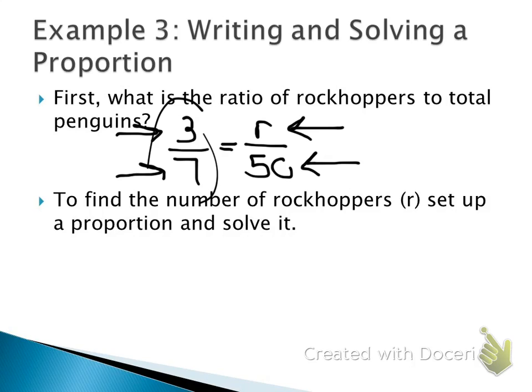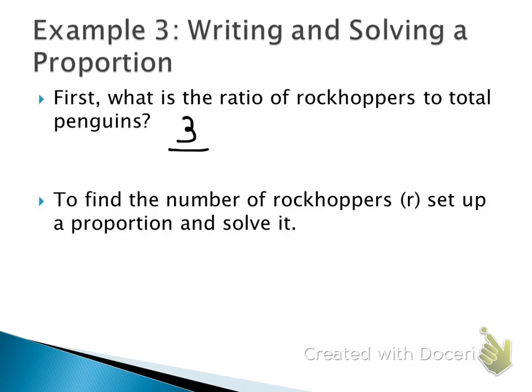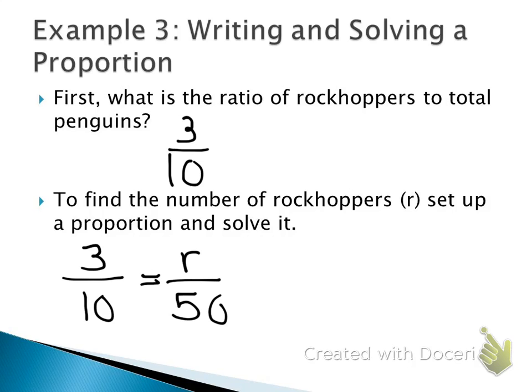If there's 3 rockhoppers and there's 7 African, how many total penguins are there? 10. So that's the ratio that I need. The ratio of rockhoppers to total penguins for my smaller sample size. 3 to 10. Now I'm comparing rockhopper to total and rockhopper to total.